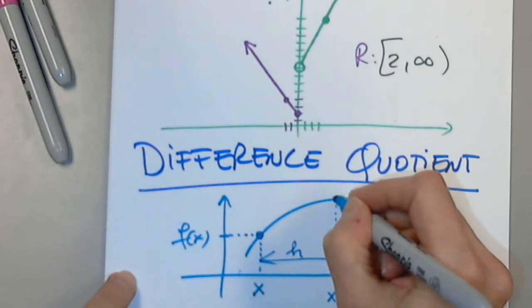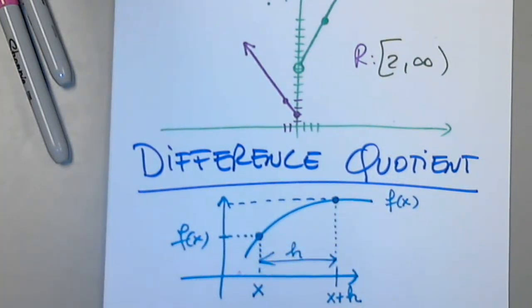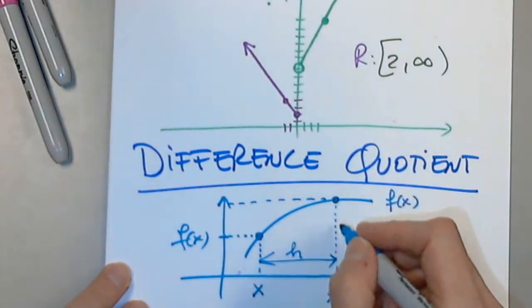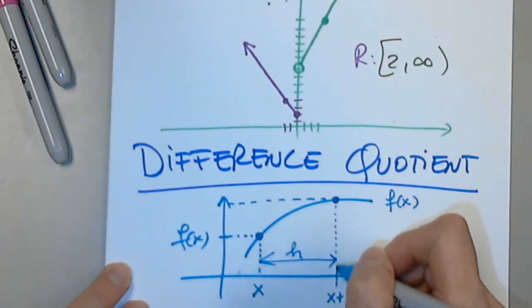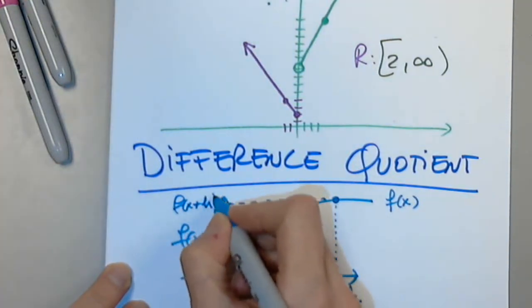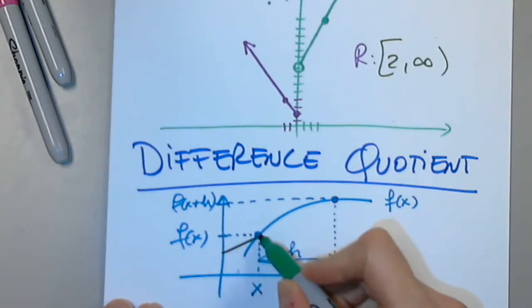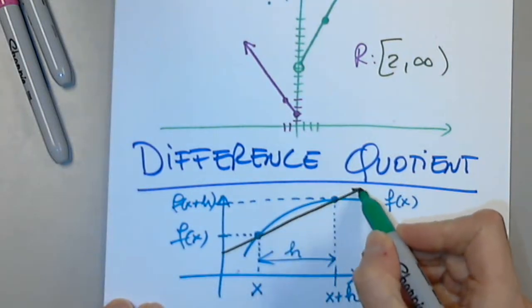Can anyone give us the coordinates of this point? F of x plus h, right? Right. So this is x plus h, and this must be f of x plus h. So for a minor change in x, we want to see what is the change in y. That's the idea. So I would like you to draw the line connecting.